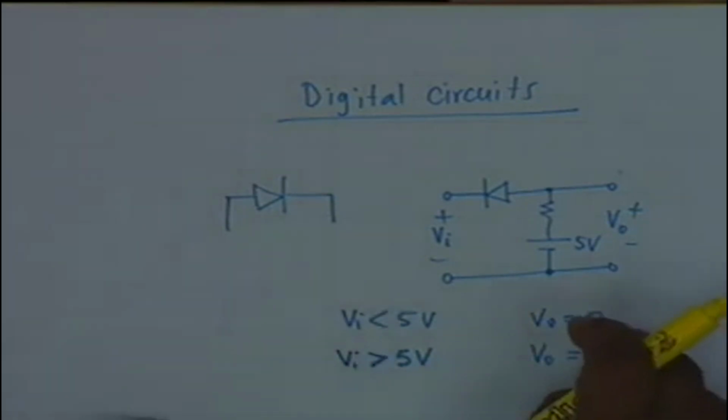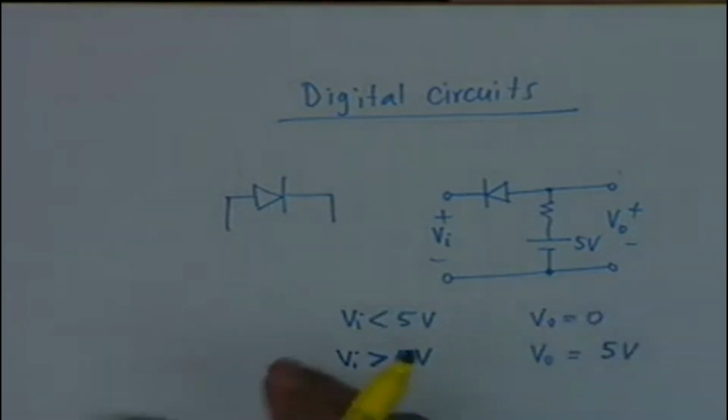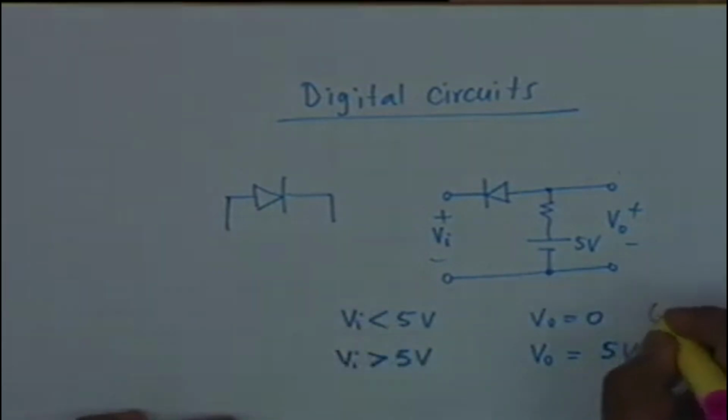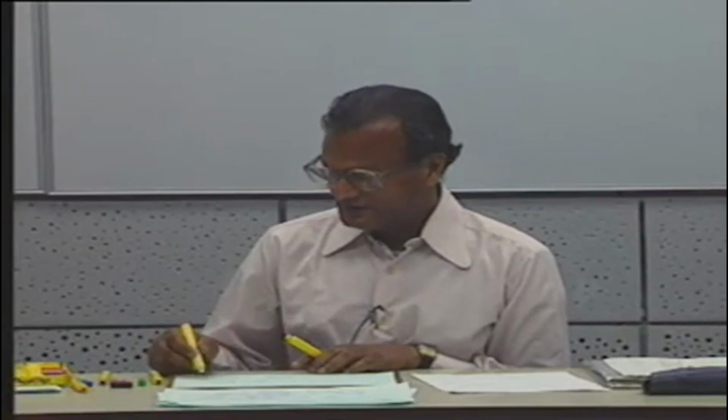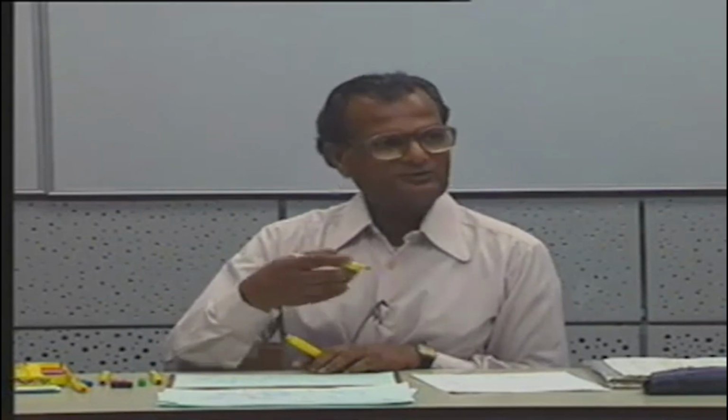So 5 volt input therefore is a transition region between life and death, between 0 and 5 volt. There are two levels, 0 and 5 volt, and this level traditionally may be considered as the binary 0 level, and this level is the binary 1 level. And all digital circuits, synthesis, analysis, they are based on logical 0 and 1 of the binary system rather than the actual voltages.